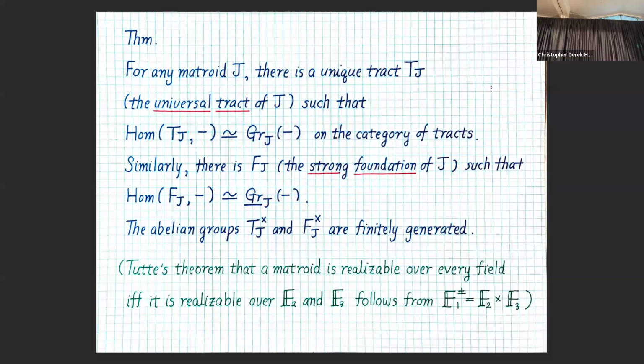Well, we may be able to prove it, but maybe a better way of thinking about this is to go back to the statement that the product of F2 and F3 is the initial tract F1 plus minus. So if you have something that maps to F2 and F3, then it will map to their product. But if the product is the initial one, it will map to everything. And Baker and Lorentzian have many statements like that.